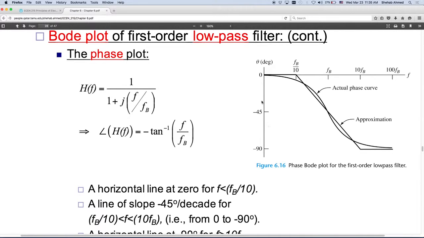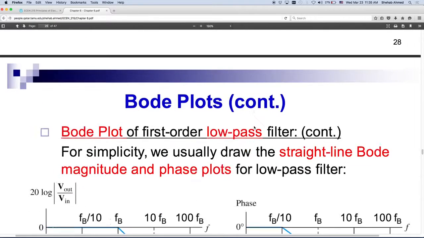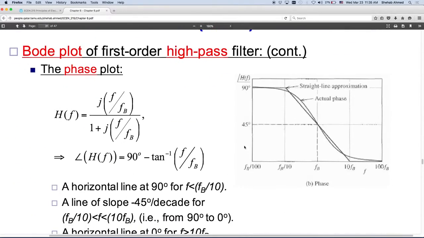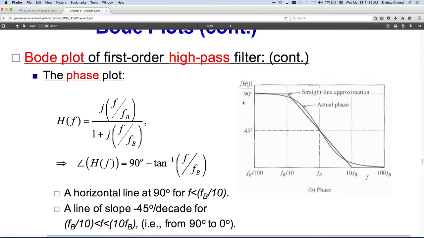The axis was in negative degrees, and here the angle is in positive degrees. So one of the filters is actually delaying the signal, and one is actually advancing the signal versus the input. One is causing a positive phase shift, one is causing a negative phase shift with respect to the input signal. H is V output versus V input. The angle of V output versus V input here is being advanced.